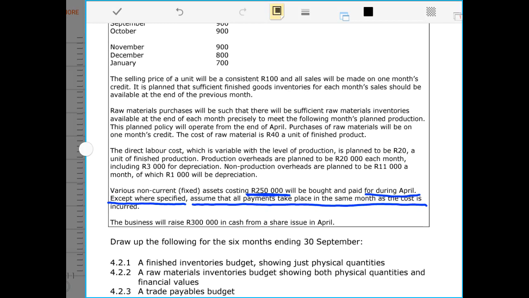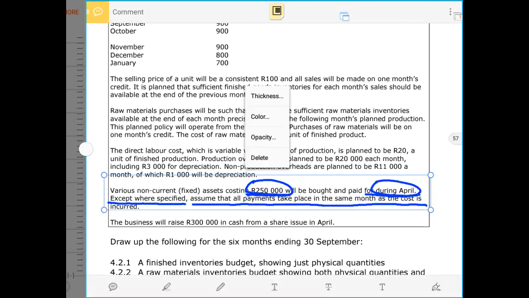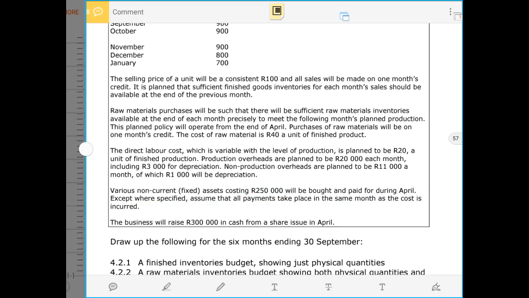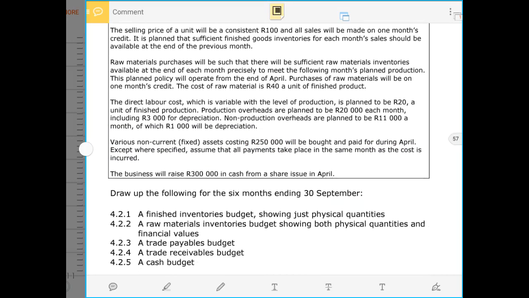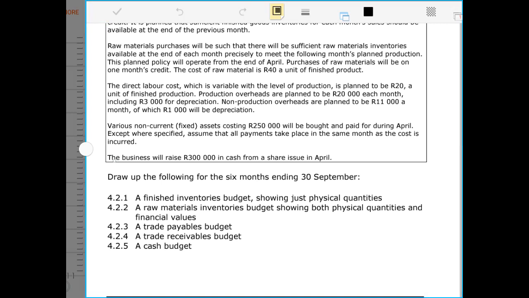In other words, now they are telling us that the entire 250,000 rands will be paid in the same month it was incurred, meaning now this will be outflow of cash in the month of April. That will be recorded as cash outflow in the cash budget.